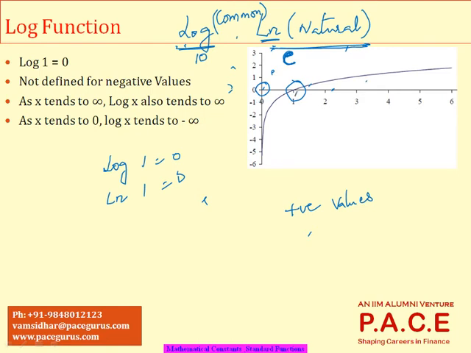This graph will tend to minus infinity, but it will not touch the y-axis at all at 0. We find that the log x graph does not touch the y-axis, but it goes very close to it, which means as x tends to 0, log x, whether it is ln or log, tends to minus infinity.